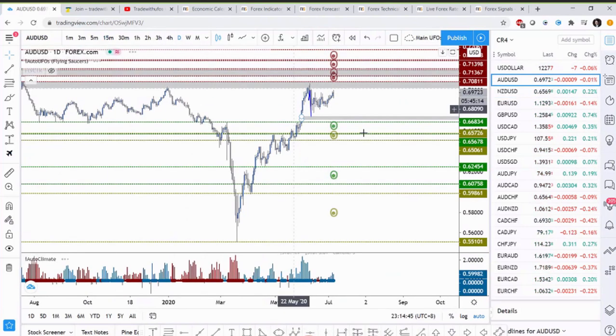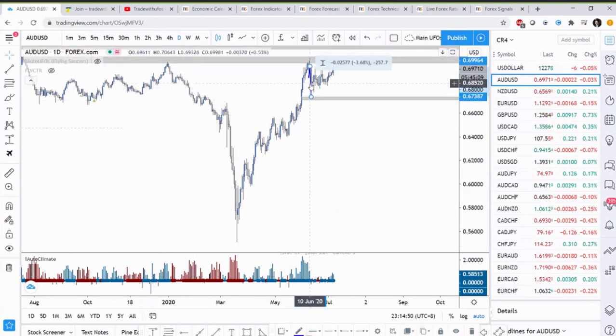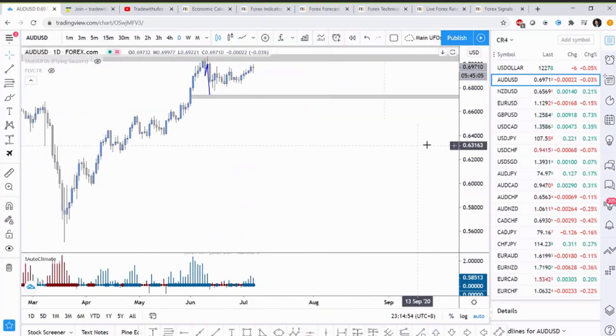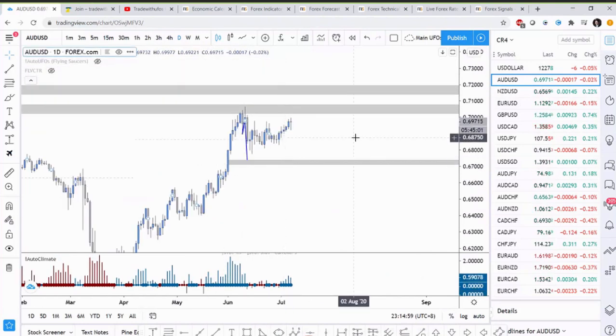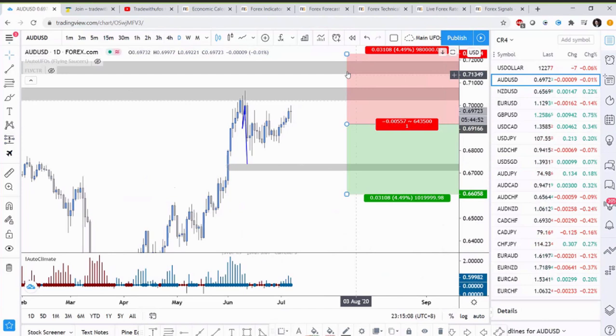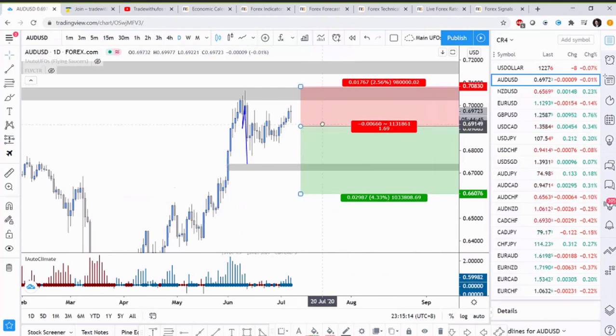So if we just, for example, look at Aussie dollar. Okay, so what it currently is doing is it's going sideways, right? So in these sort of environments, let's say that you're bullish. Okay, so let me use the other one.